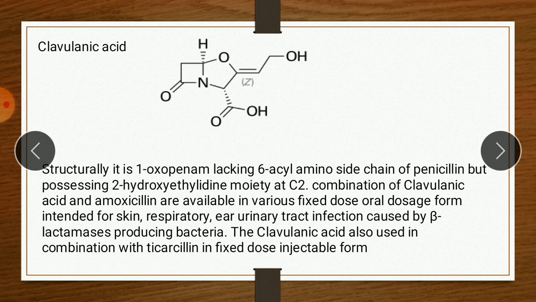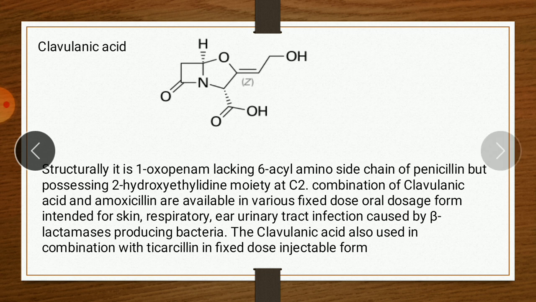When given in combination, this clavulanic acid reacts with the beta-lactamase enzyme and protects the beta-lactamase sensitive penicillin from the beta-lactamase enzyme. And while reacting with the beta-lactamase enzyme, it self-destroys, and therefore it is called a suicidal substrate.